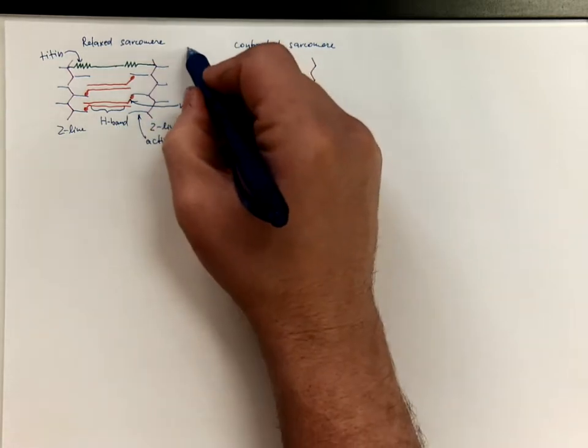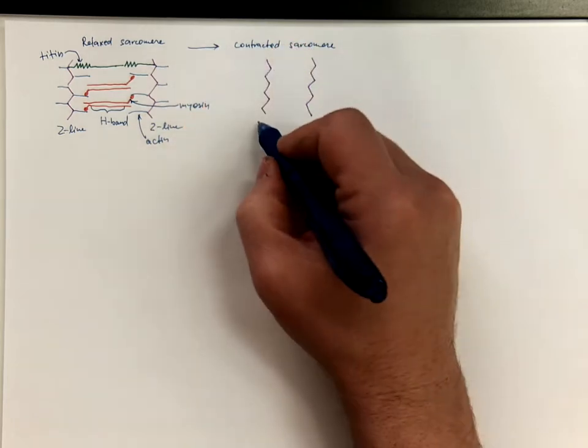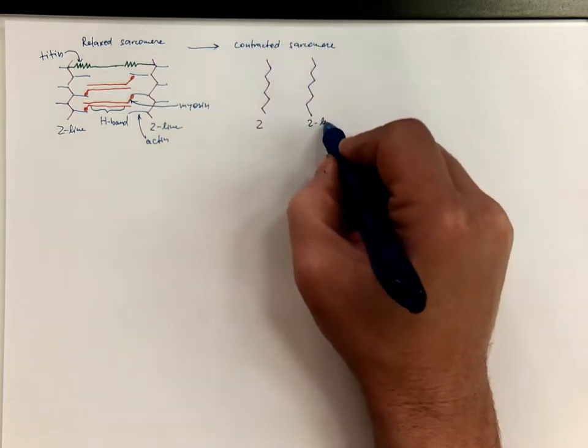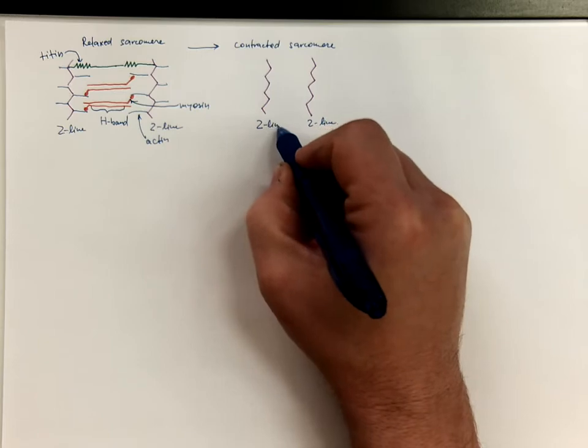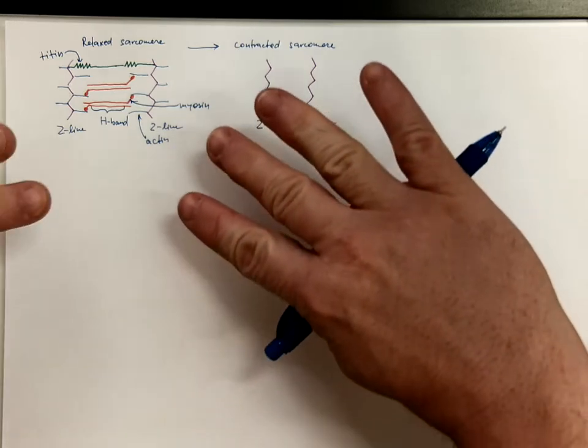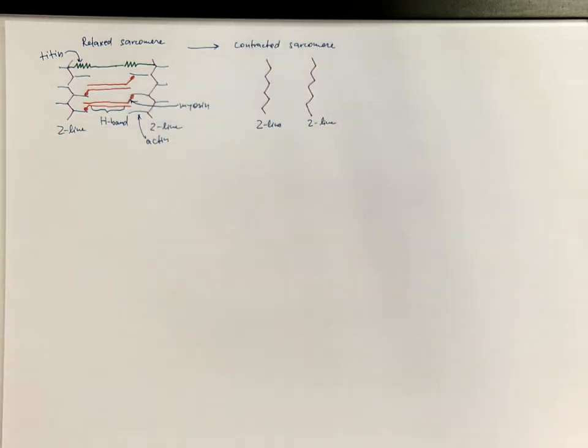So, when contraction occurs, the Z lines come closer, the filaments slide, and the sarcomere shortens.